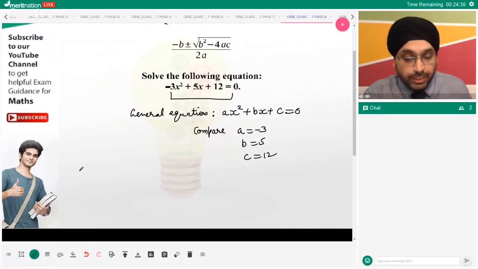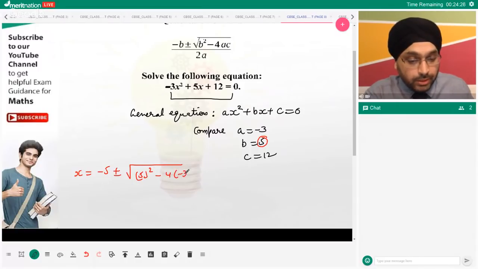So we can say x will be equal to −b. So minus b means what? It's 5. So we can write −5 ± under root of b², so that is what now? 5² − 4 into −3 into c, which is 12, upon 2 into a, so 2 into −3.